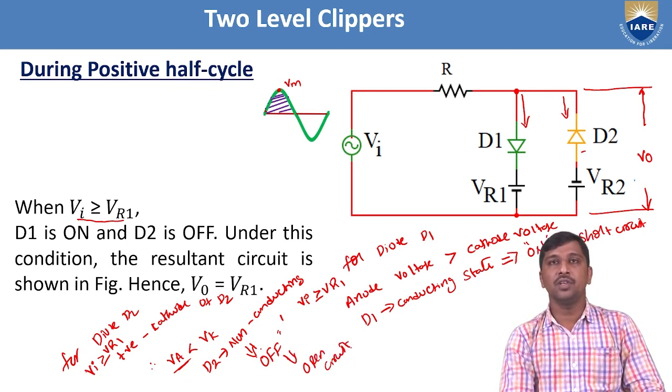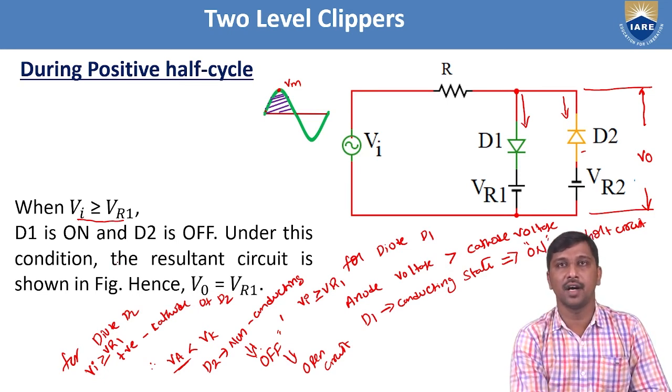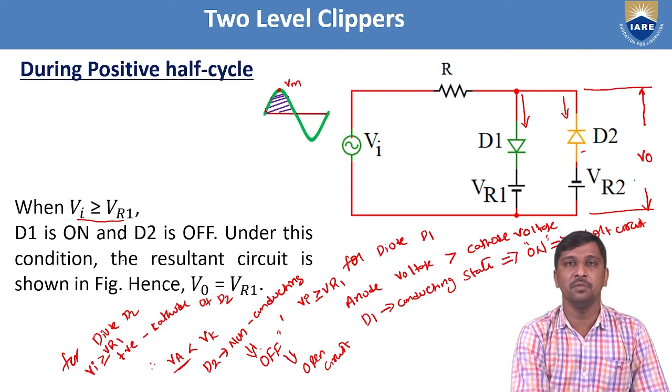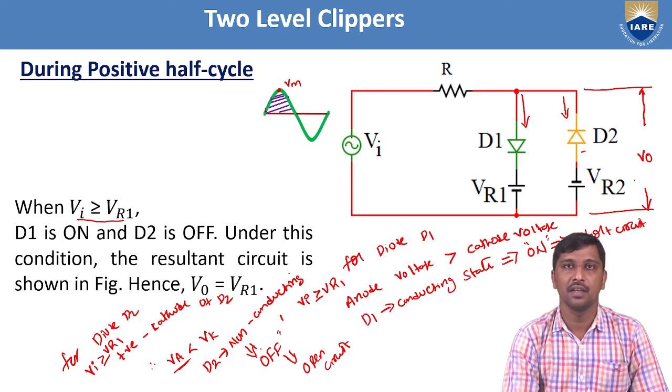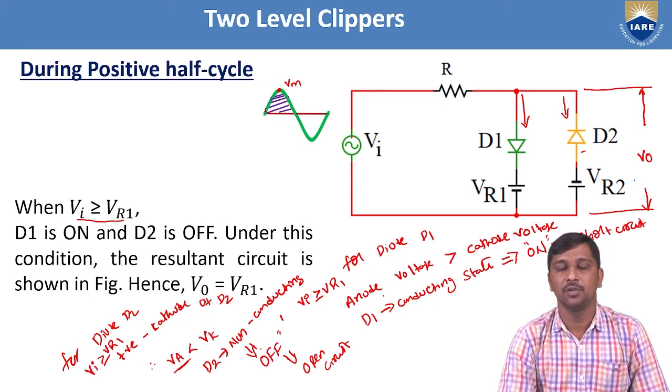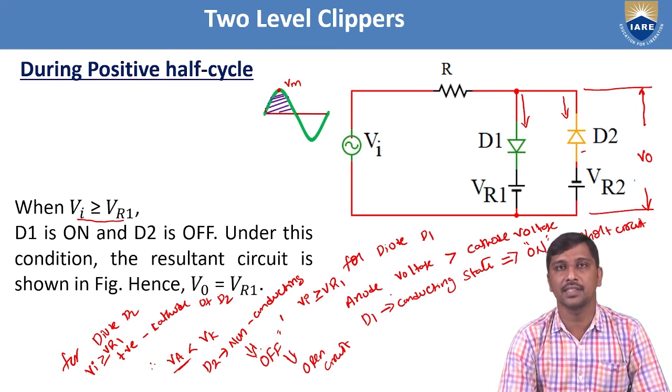Based on this given input voltage, if the input signal is passing towards Vm, whenever that input voltage just crosses the given DC reference voltage, the positive reference voltage, we observe that diode D1 acts in conducting mode and diode D2 acts in non-conducting mode.